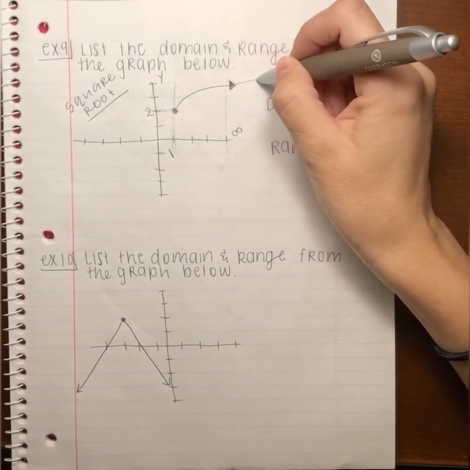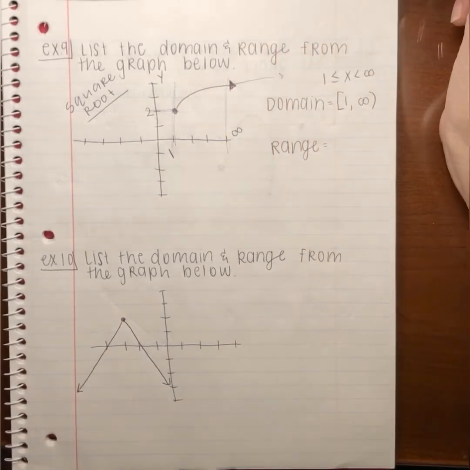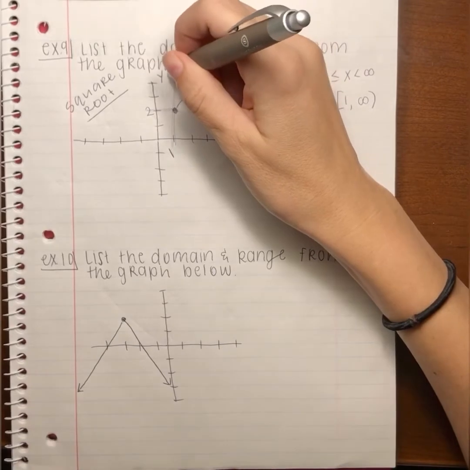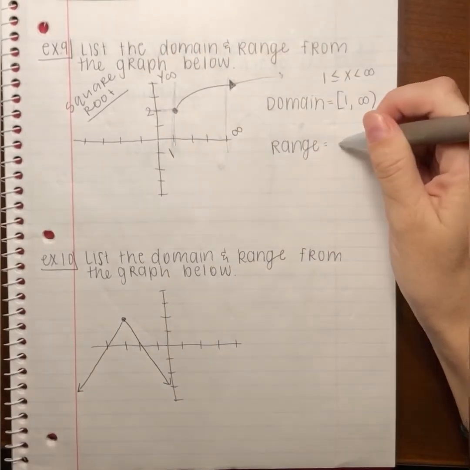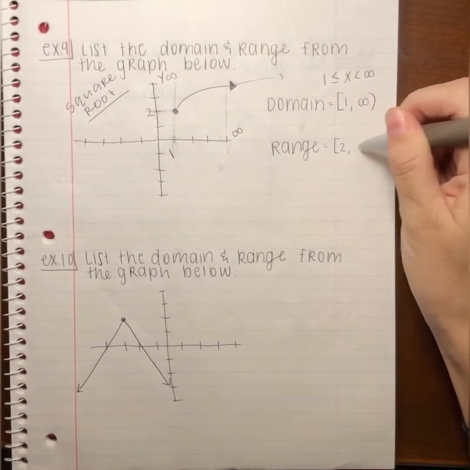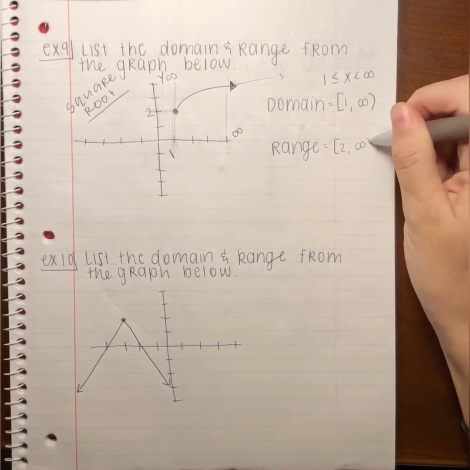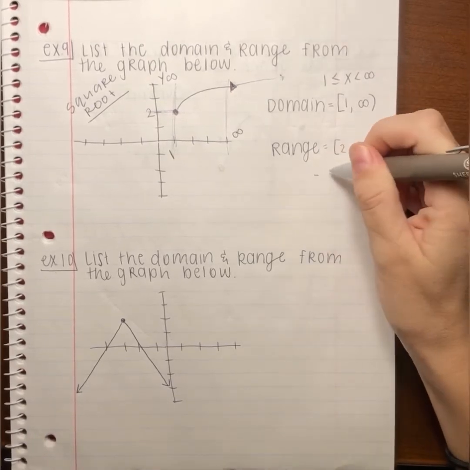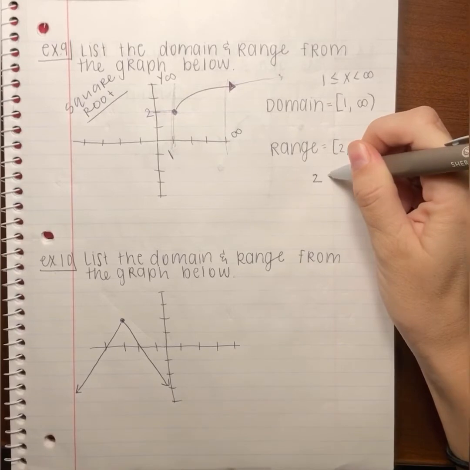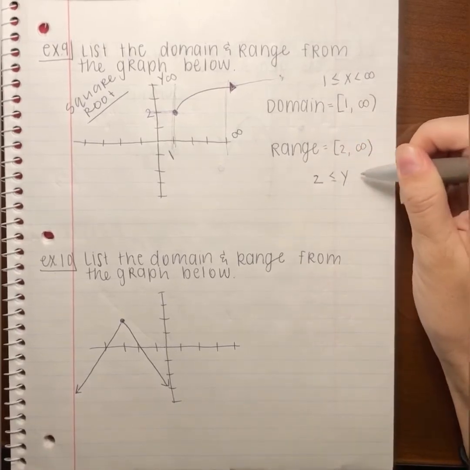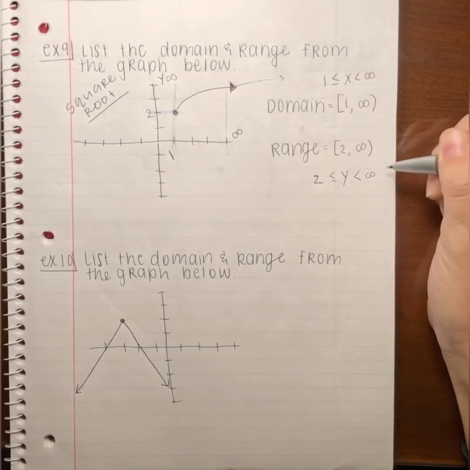It's going to keep going all the way up to infinity. So my range is 2 to infinity, or 2 is less than or equal to y, which is less than infinity.